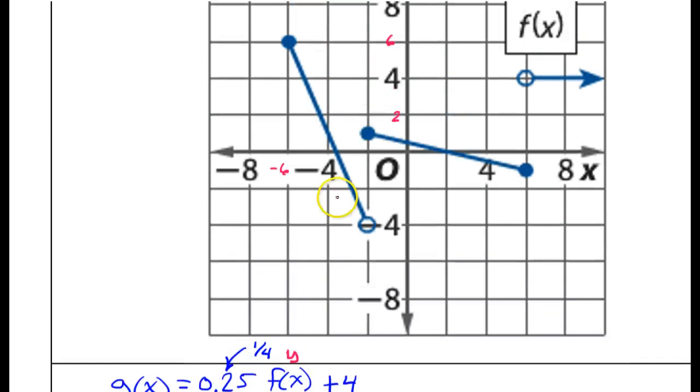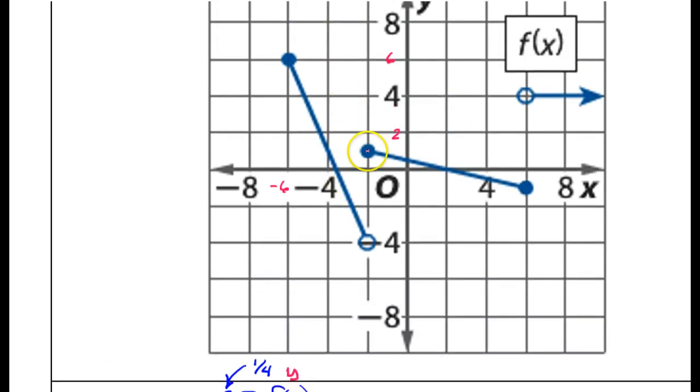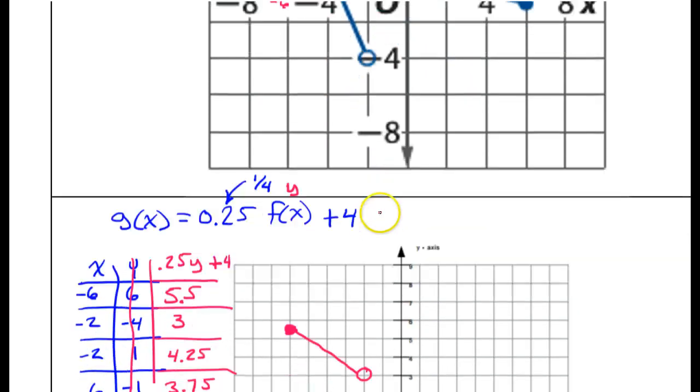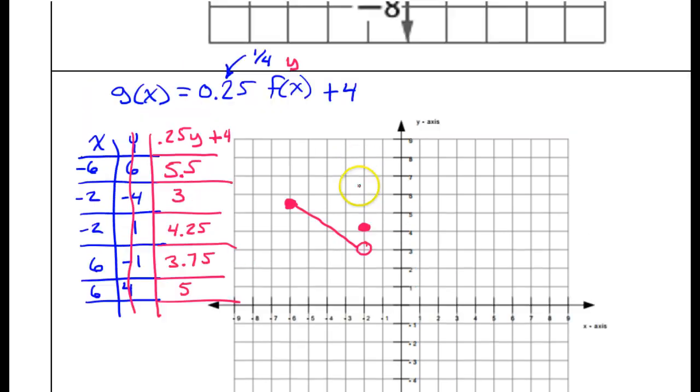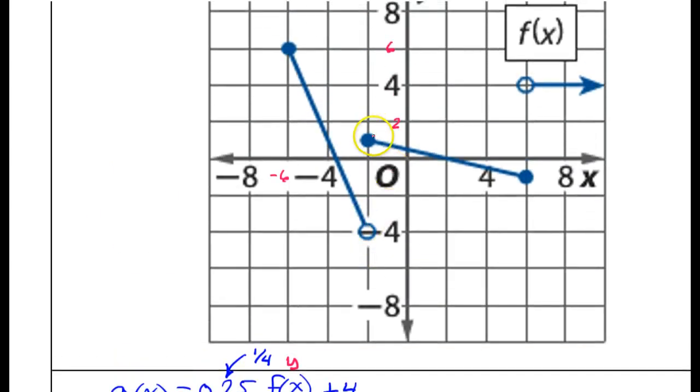Okay, the next point is a closed circle. So -2, 4.25. That is a closed circle. All right, and the next point is also a closed circle.